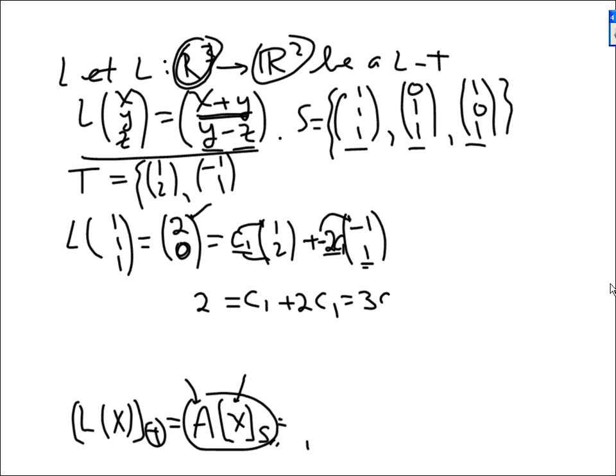That is, 3C1 should be 2. What do you multiply 3 by to get 2? Well, if you have 3, you should divide by 3, that's 1, and then multiply by 2. Or you can just divide both sides by 3, and you'll see that C1 is 2/3.